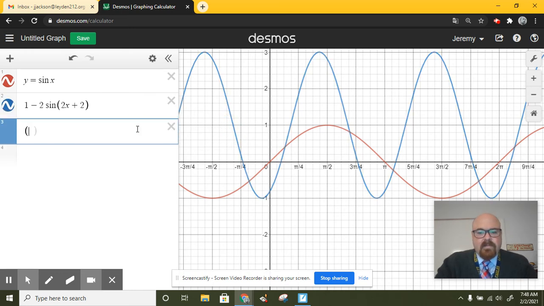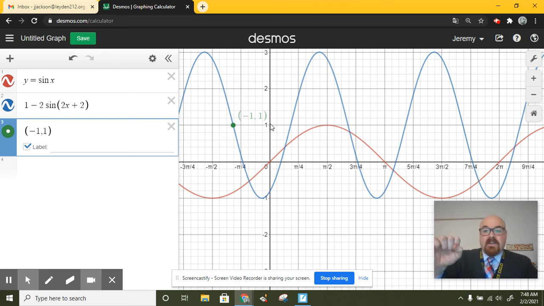Let me put that up there for you to see. Okay. So this point, this -1, 1, that is the new point from where this point shifted, right? We shifted this point up, right? We stretched the graph, which didn't move it. We reflected the graph, which didn't move this anchoring point where the cursor is right here. And then by the phase shift, we saw that the phase shift was -1, so that point moved to here.